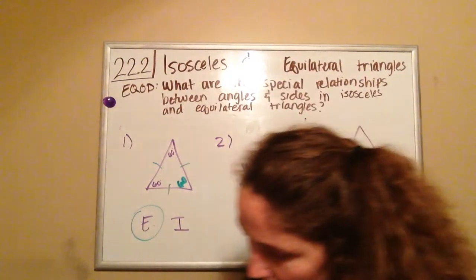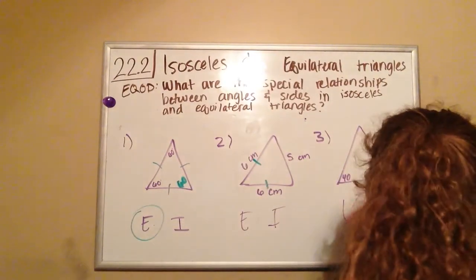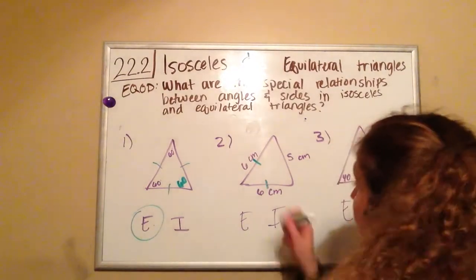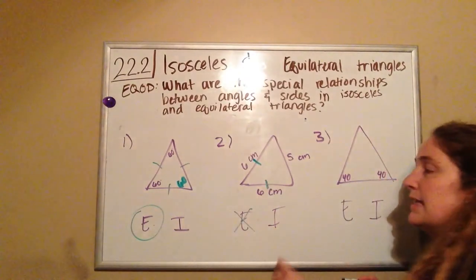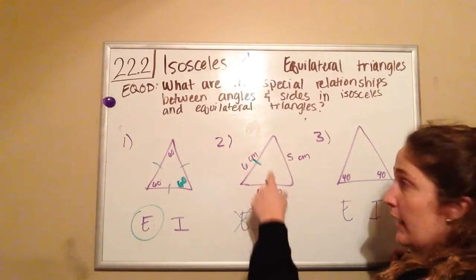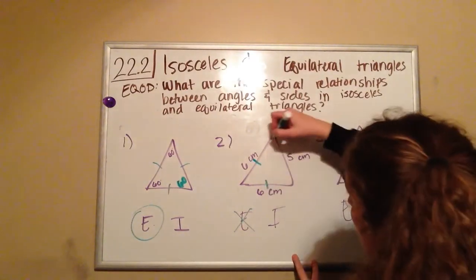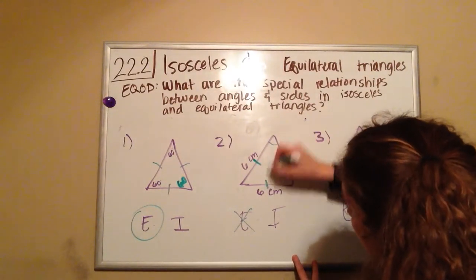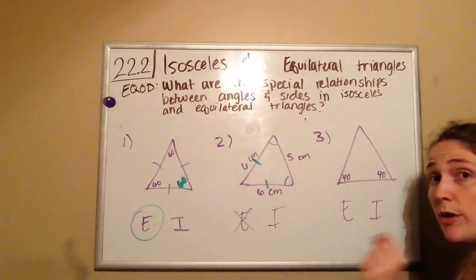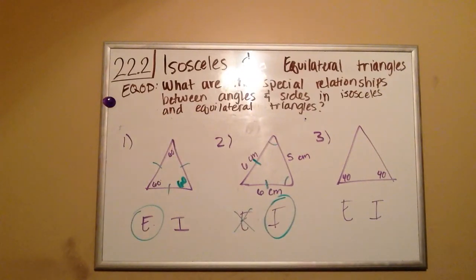So if we think about our options, we still think about isosceles. Does it have at least two sides that are congruent? Yeah, right there. And what that means is that this angle and that angle are congruent, or the exact same size. This is an isosceles triangle.